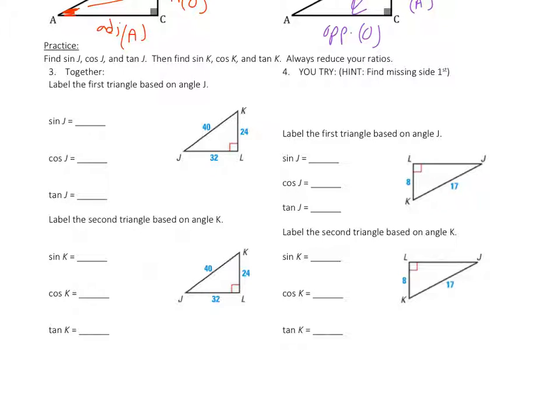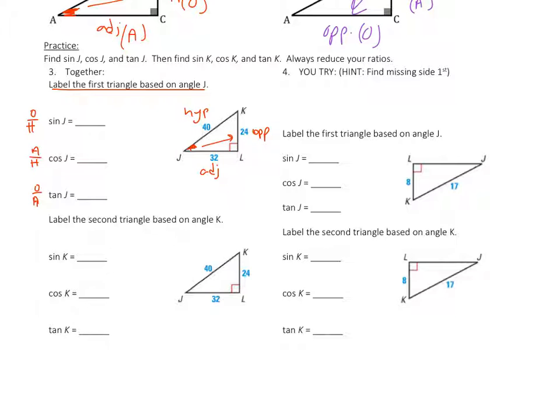What we are going to do next is we need to set up the fractions now with actual numbers in there. So remember, sine is opposite over hypotenuse, cosine is adjacent over hypotenuse, and tangent is opposite over adjacent. And it's all in relation to a certain angle. So for this first one, we're going to label it based on angle J. So my 24 would be my opposite, 32 would be my adjacent, and 40 would be my hypotenuse.